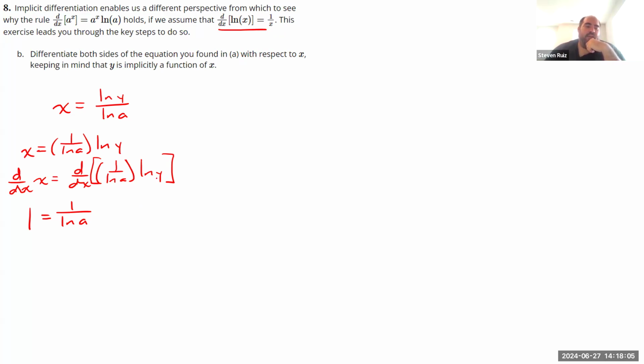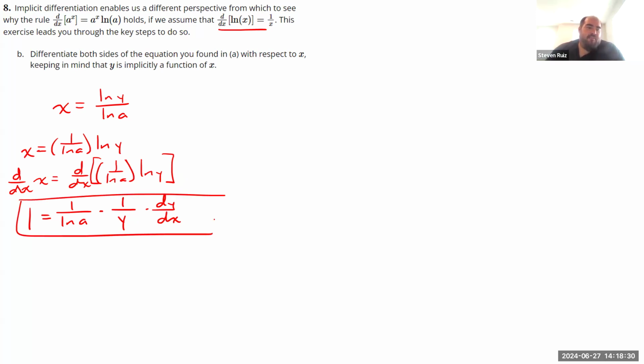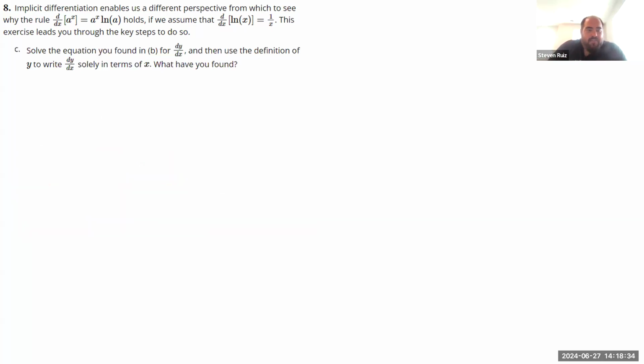The outside function gives 1 over y. Then the inside function is y itself, and the derivative of y with respect to x is what we call dy dx. So we've differentiated both sides, and I don't think the purpose here is to simplify, so the derivative is now done.